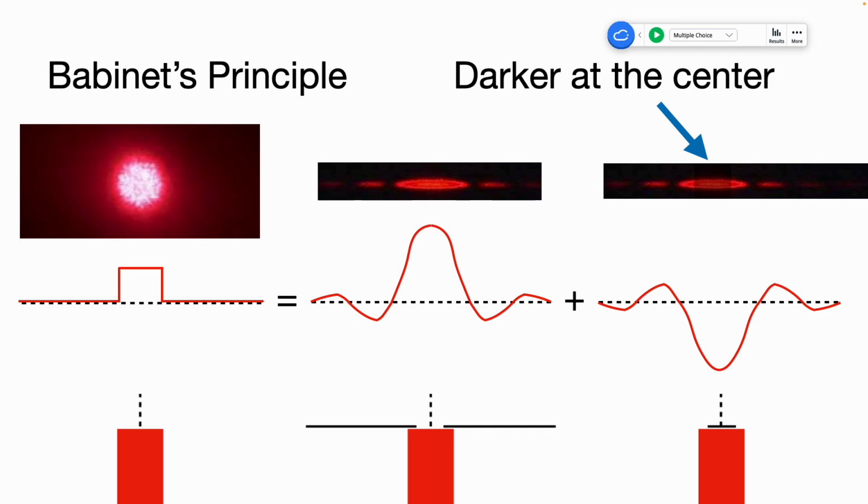When you have a single slit and you know it corresponds to that intensity, it means the wave must go up and down at the side, not just at the middle. Here, only the middle part can go up and down. Only the middle part has non-zero amplitude. But when you have a single slit, the outer part also has non-zero amplitude. And because I'm plotting a wave, the wave can go negative.